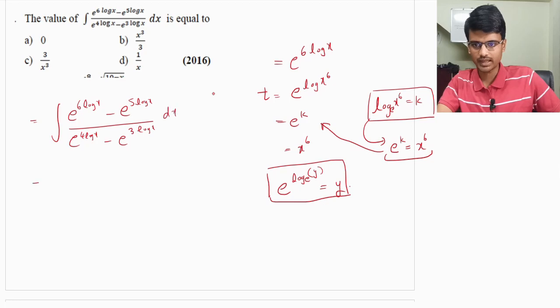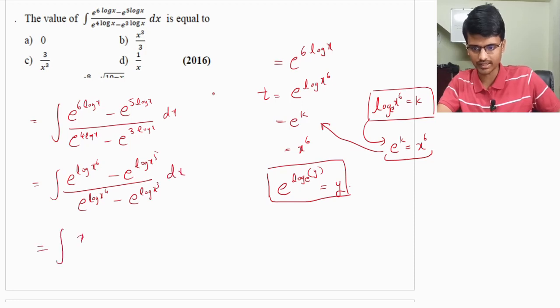I can write this down as e power log x power 6 minus e power log x power 5 divided by e power log x power 4 minus e power log x cube. Now using the result, I can write this as x power 6 minus x power 5 divided by x power 4 minus x cube dx.